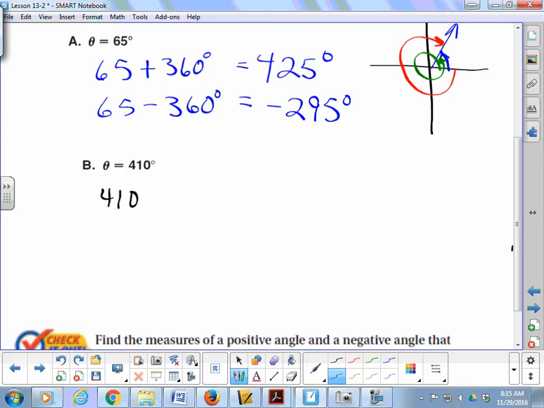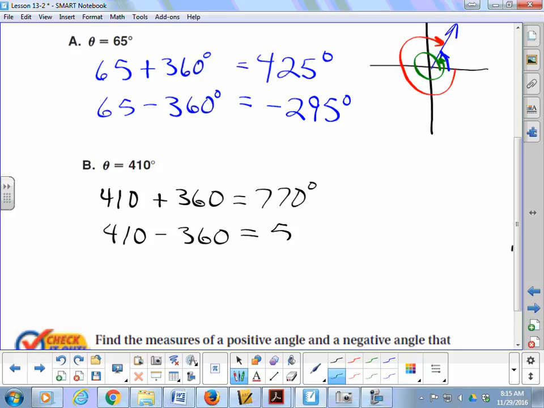So if we take 410 and add 360, all right, we're now at 770. All right, great. Okay, there's our positive. But if we're at 410 and we subtract 360, well, that's still at 50 degrees. All right, that's still a positive one. So to get to the negative one, I'm going to have to subtract 360 a second time.